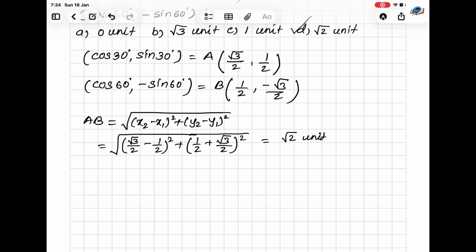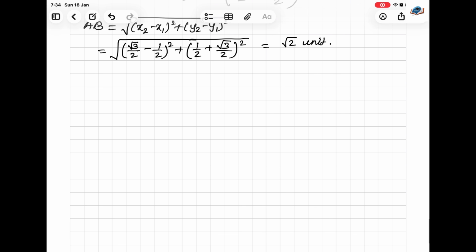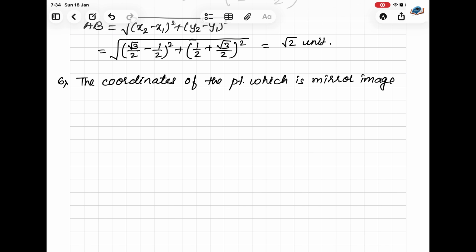Now coming to the sixth question, it says the coordinates of the point which is the mirror image of point (minus 3, 5) about x-axis.